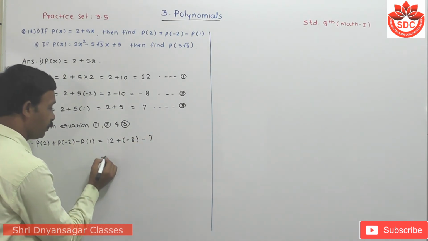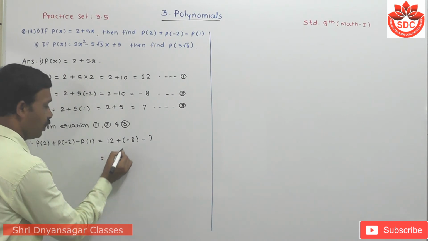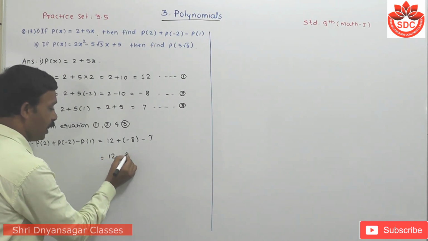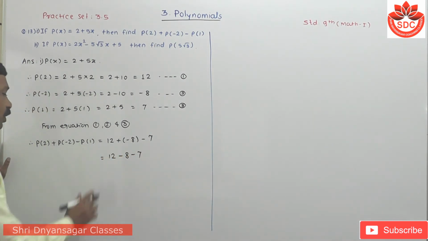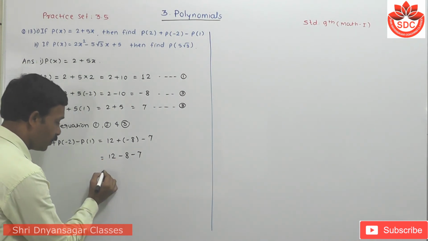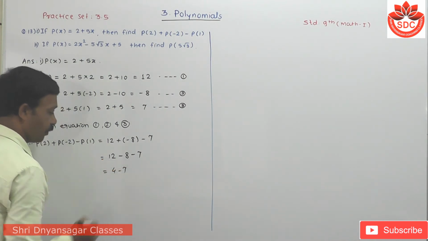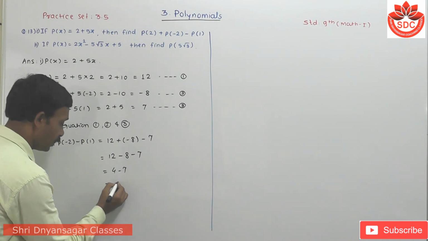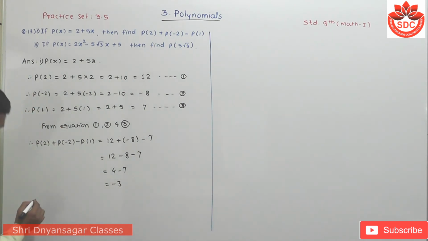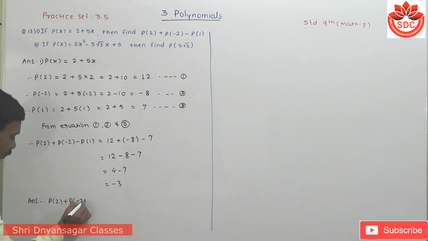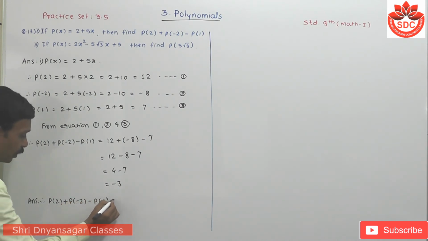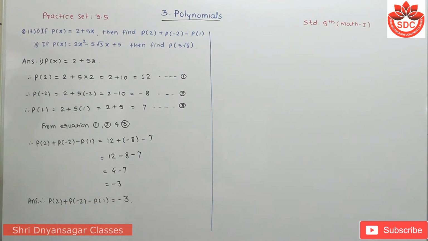Means that here 12 plus minus 8 minus 7. 12 minus 8 becomes 4, minus 7. Then this subtraction is minus 3. Therefore, the answer is p of 2 plus p of minus 2 minus p of 1 is equal to minus 3.